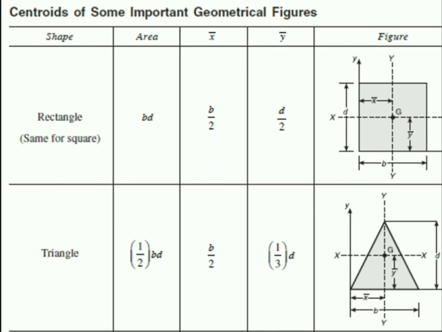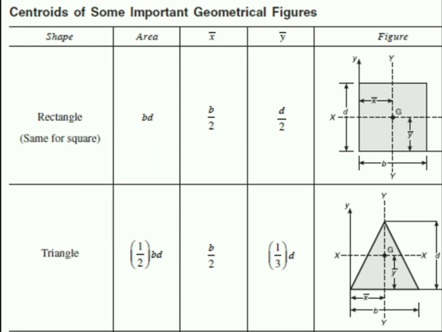The first element which we are dealing with today is the rectangle. A rectangle is a symmetrical figure about both the horizontal as well as vertical axis. Therefore x bar is equal to b by 2 and y bar is equal to d by 2.